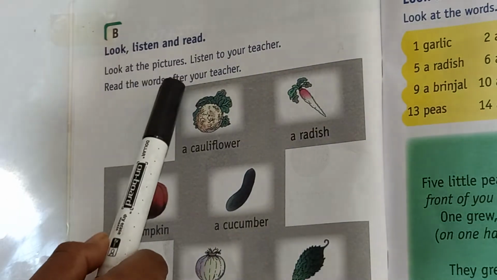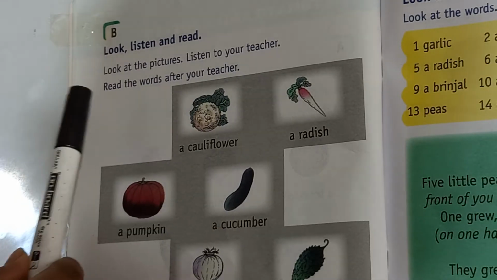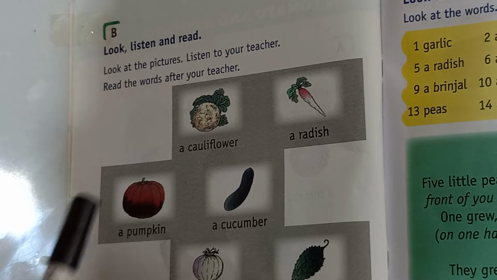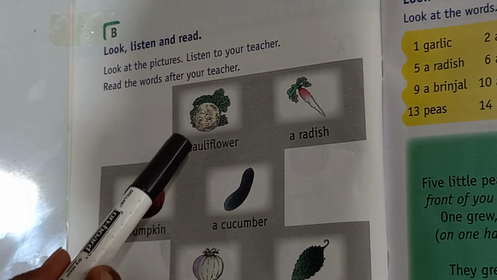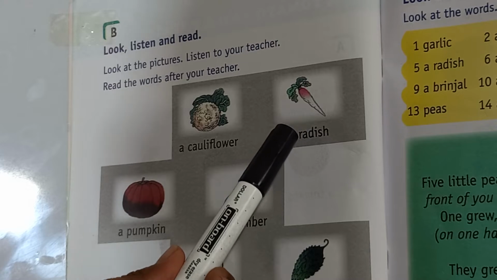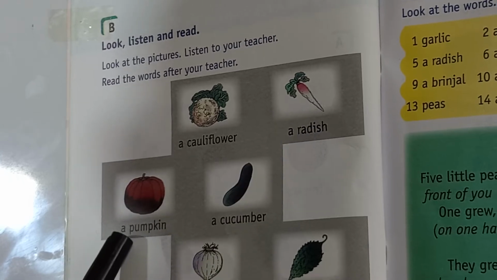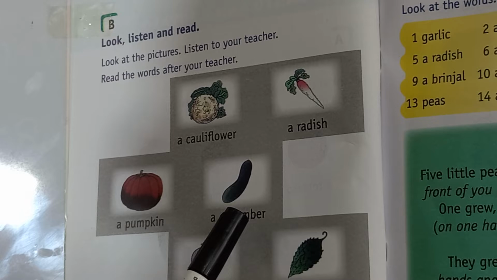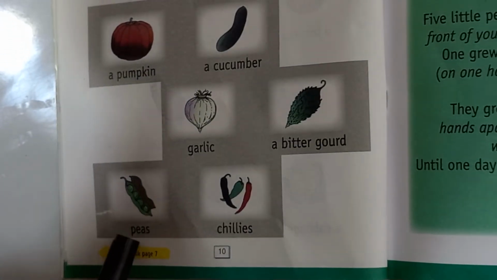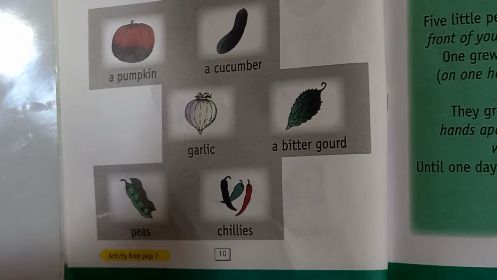Look at the pictures, listen to your teacher, read words after your teacher. Dear students, number 1, look at the picture, it's cauliflower. Then a radish, a pumpkin, a cucumber, garlic, a bitter gourd, pears, then chilies.